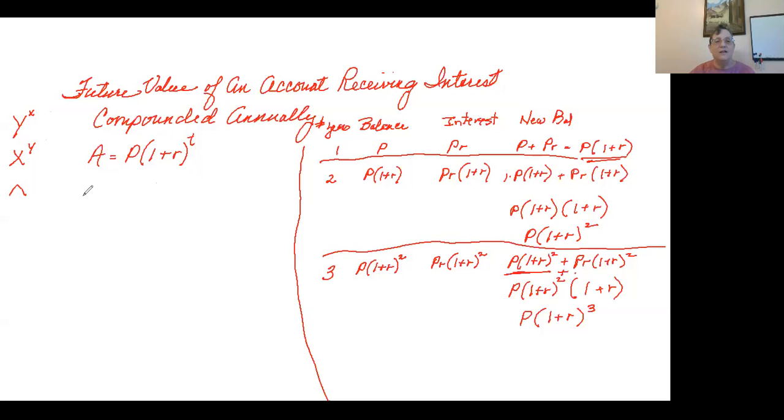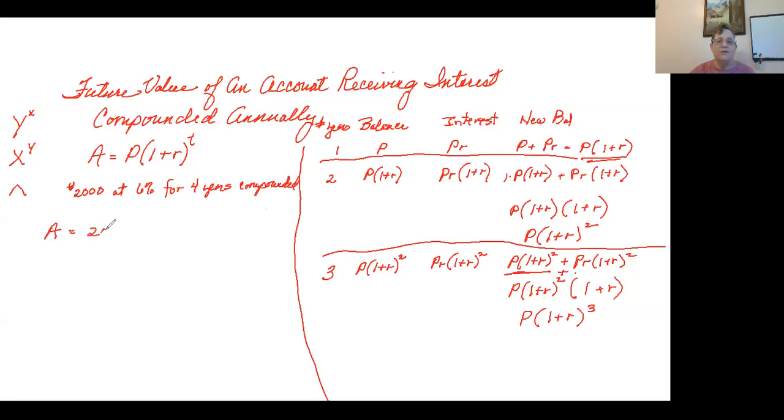So what if we had used the $2,000 at 6% for 4 years when it was compounded? How much of a difference would it make?